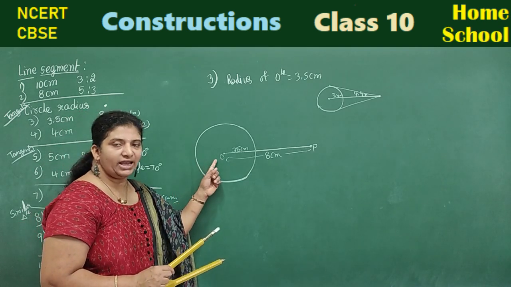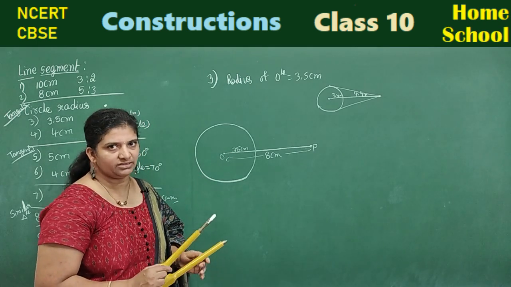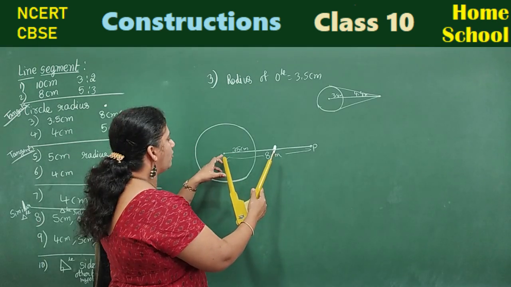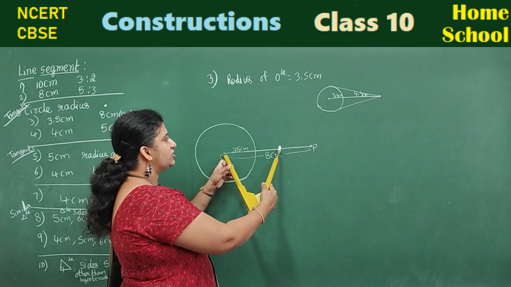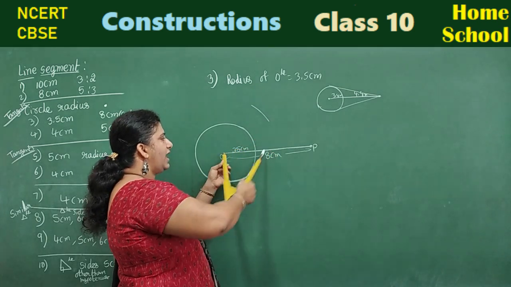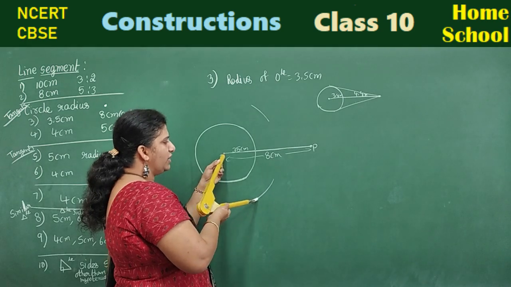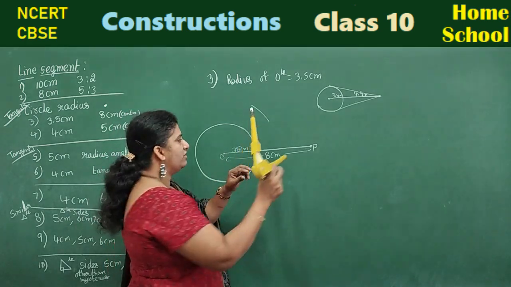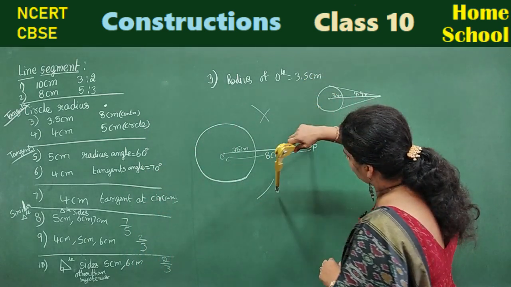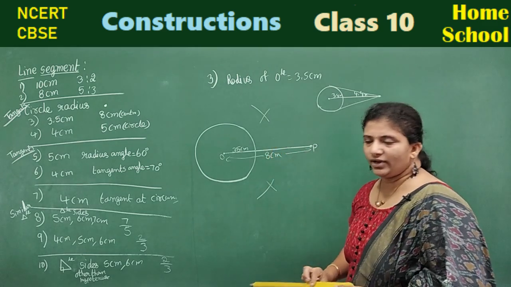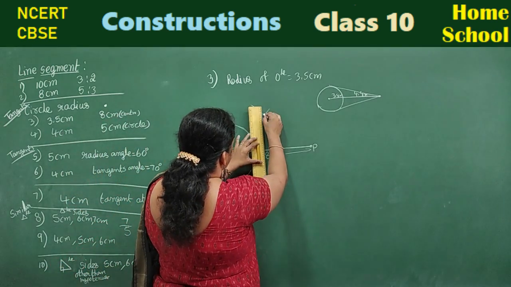Second step, from one end point of the line segment, measure more than half and draw an arc above and an arc below. With the same measurement from point P, cut the arcs. Okay, why are we doing this? In order to get the bisector. Join these two.